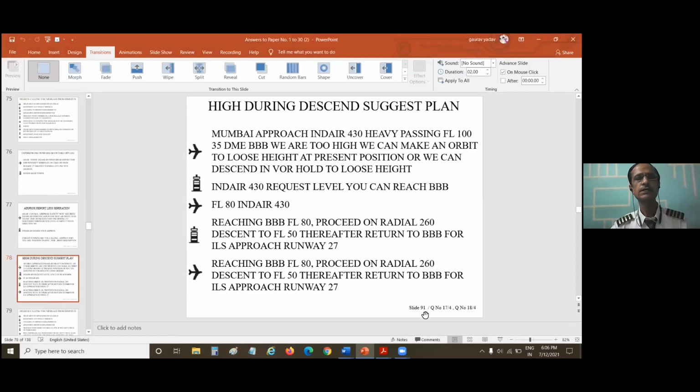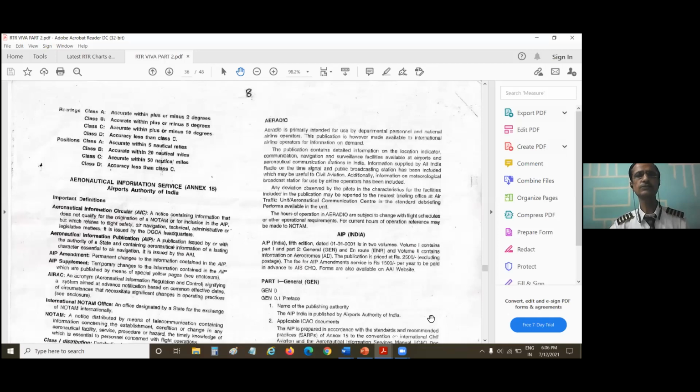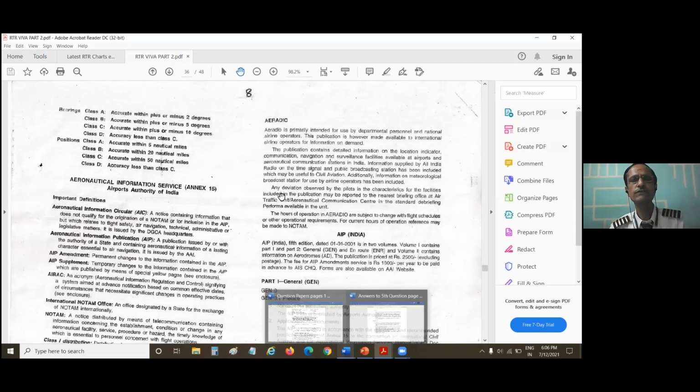So today we go directly to page 8 of the Viva book, because I already told you that we have discussed the other pages, and I've already marked the pages which were important and which I discussed in class already. So we will discuss page 8 of Viva today, and see what important is there. See, when you go to the Viva book on page 8, you will find one thing.